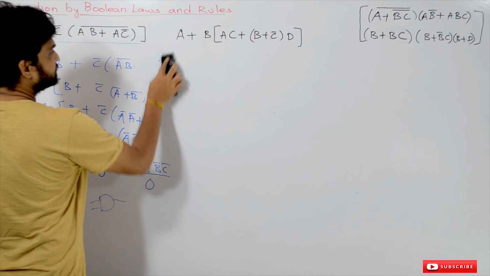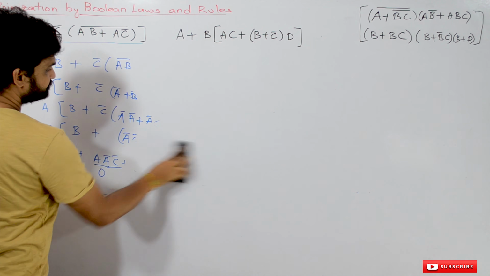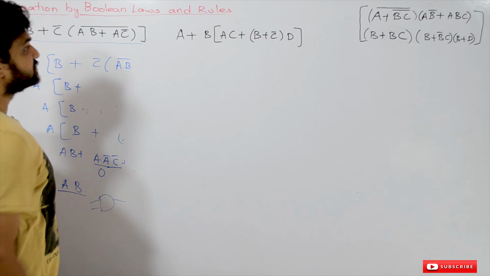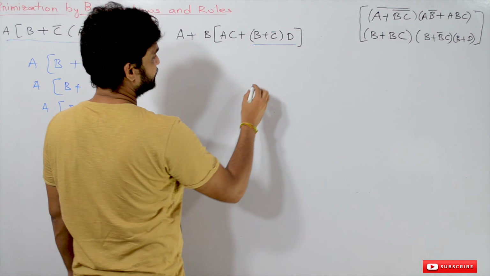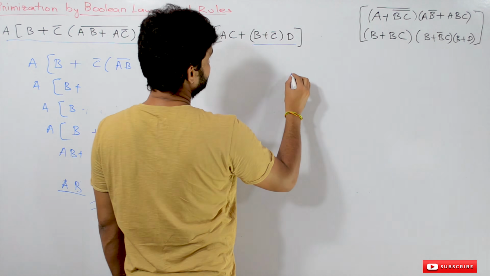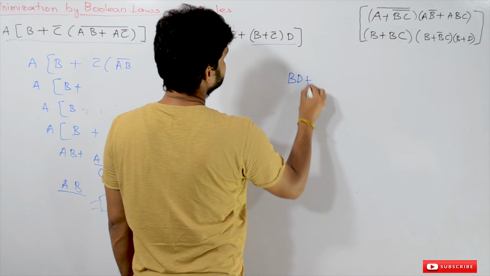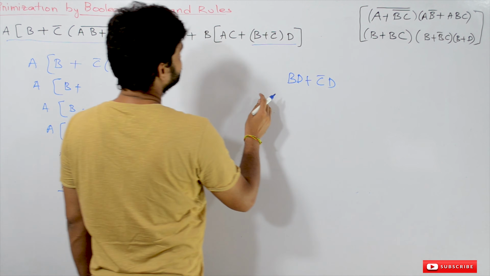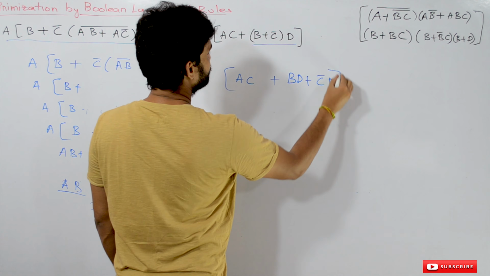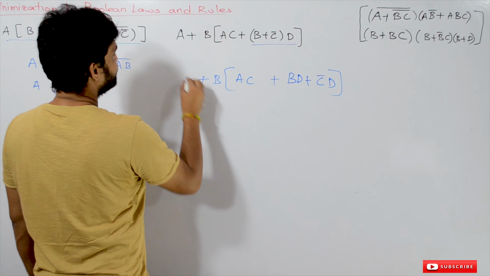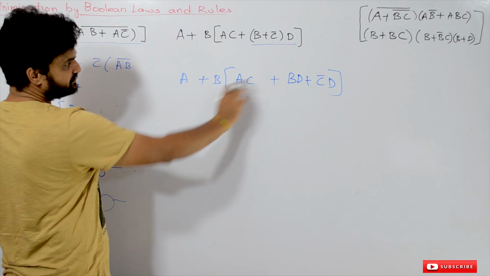Now coming to this example, we'll try to minimize it. So how to minimize it? The best part to start with is to multiply this one. So this one is going to be BD plus C bar D, plus AC, B plus A. Now multiply B with all this.